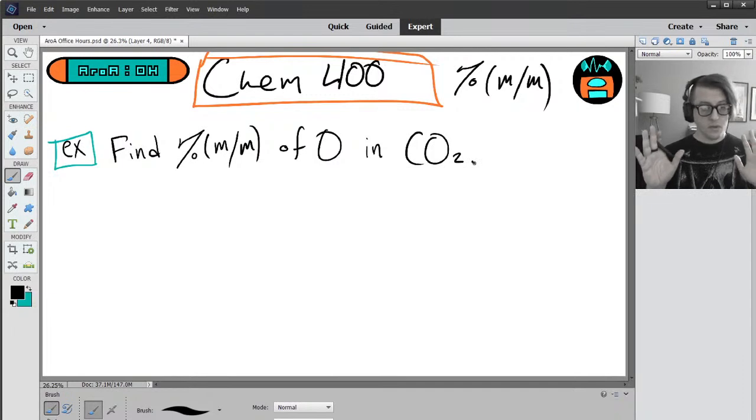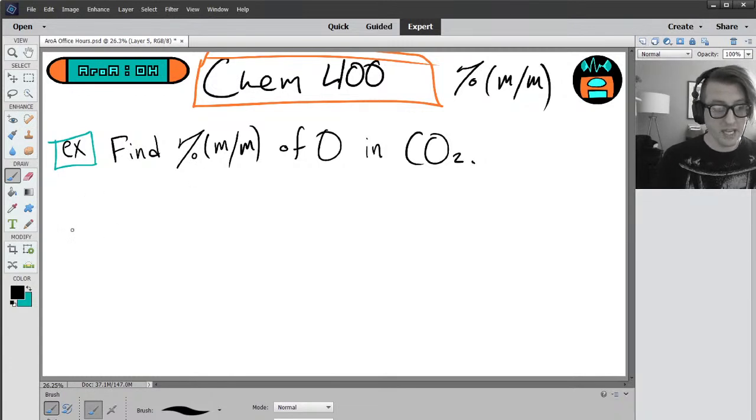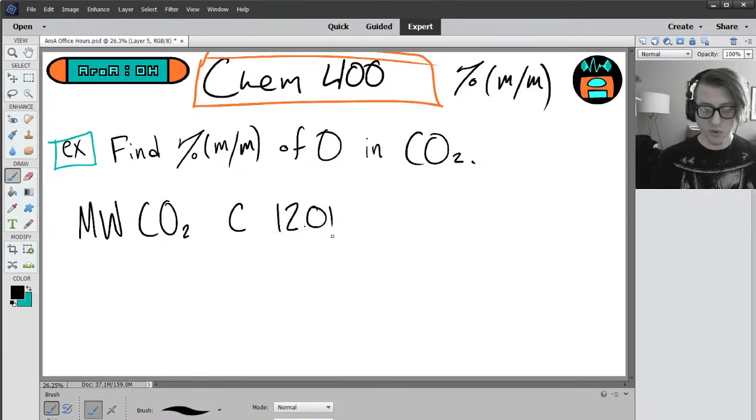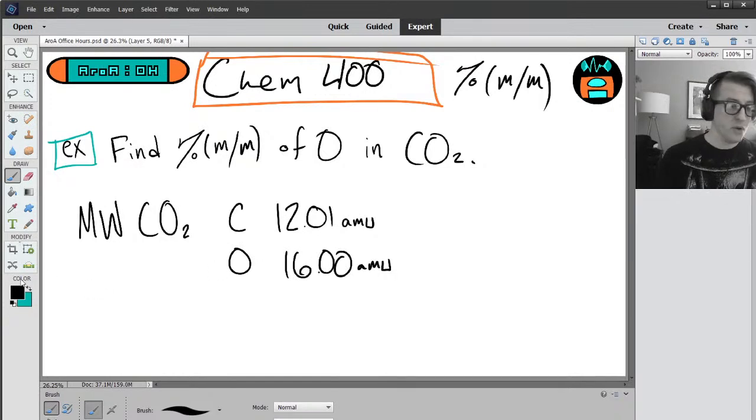The way we tackle this is, again, we know that our equation is the mass of oxygen atoms in the compound over the mass of the whole. We need to calculate the molecular weight for carbon dioxide, and to do so, we add up the mass of every atom in the molecule. Carbon has an atomic mass of 12.01 AMU. Oxygen has an atomic mass of 16.00 AMU. But the thing to remember here is there are 2 oxygen atoms.